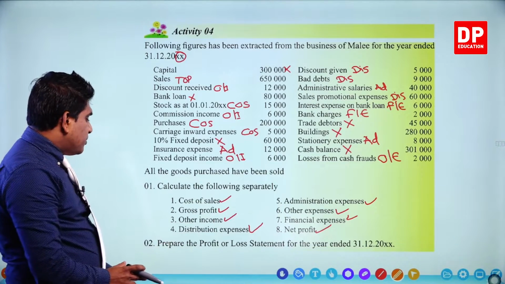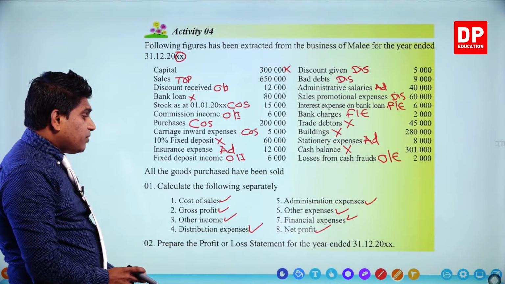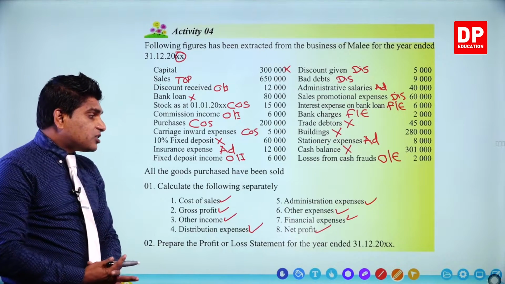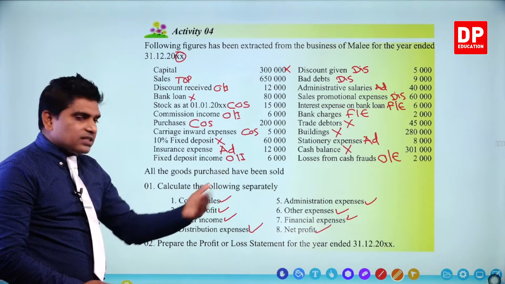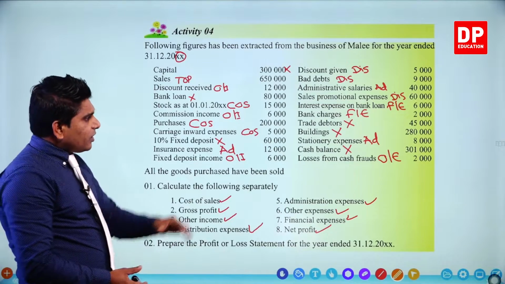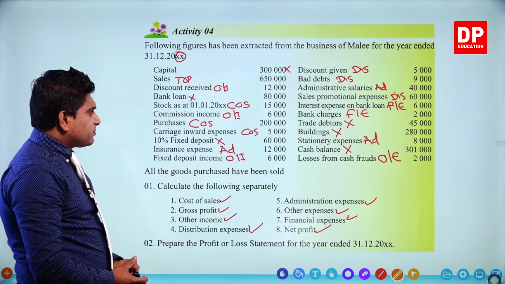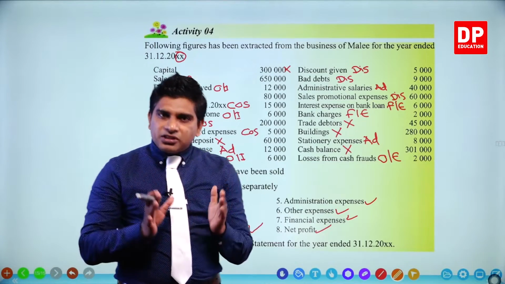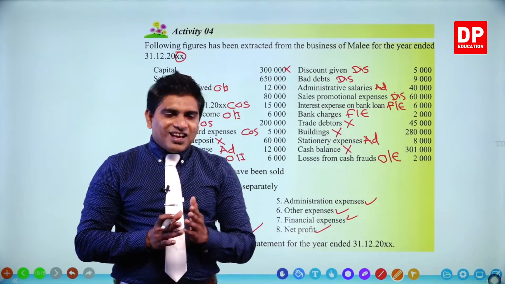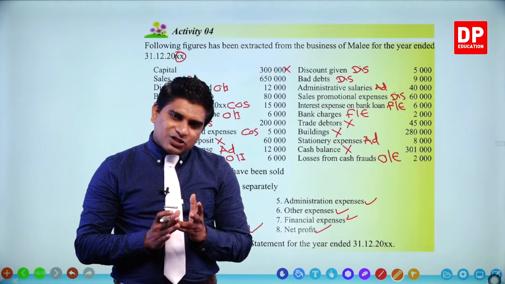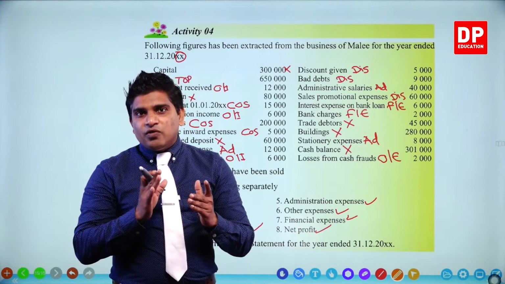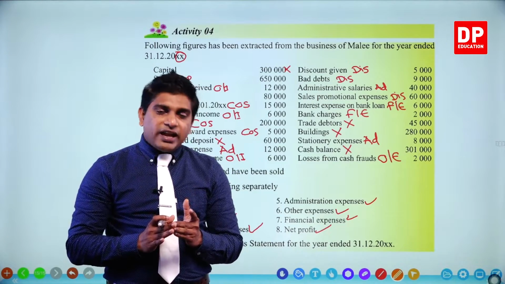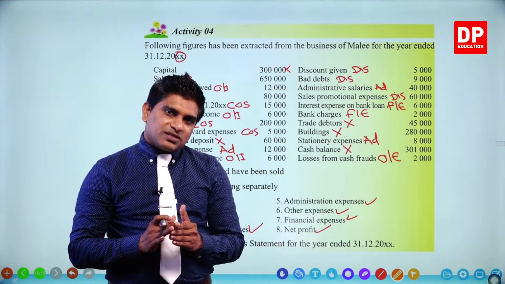Finally they ask, prepare profit or loss statement for the year ended 31st December 20, the same year, right? Now you remember this. It's better if you can count how many administration expenses, how many distributing expenses, how many financial expenses, and how many other expenses.